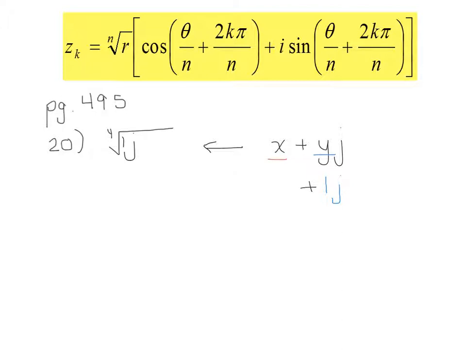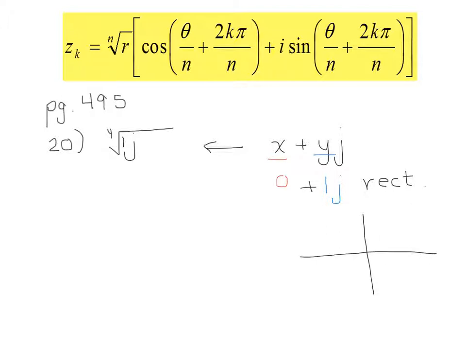So that means that our real part is 0. So if we write the number j in rectangular form, x plus yj, it would be the number 0 plus 1j.